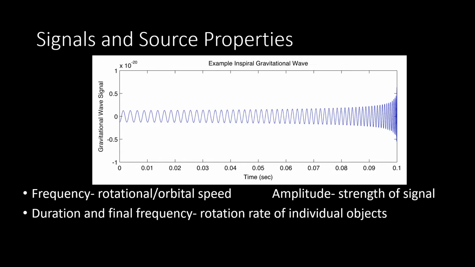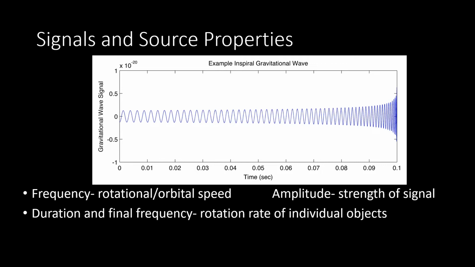So not the orbital rate of the two objects going around each other, but if you have, say, two stars orbiting one another, producing gravitational waves, they themselves are spinning on their axis, and we can actually measure their spin rate based on the duration and final frequency of the gravitational waves.